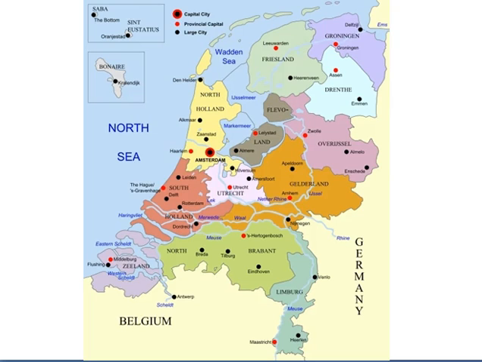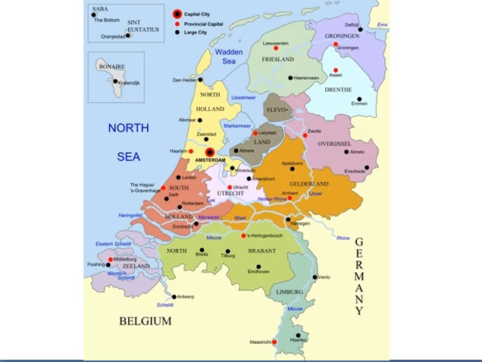Holland was a province with a very large navy and the most wealth, so they would normally dominate the republic and the states general. In each province, the estates, that assembly, appointed one executive officer, known as the stadholder, who's going to be carrying out a lot of the ceremonial functions for that state.